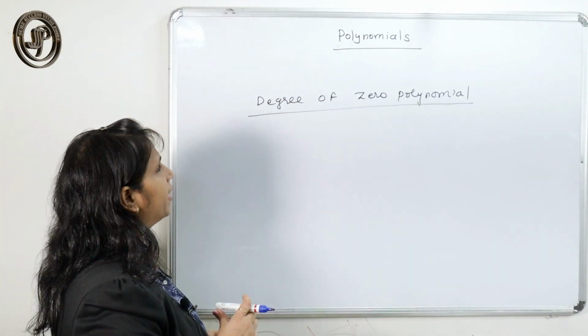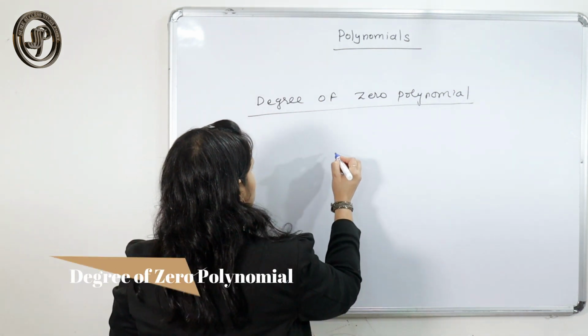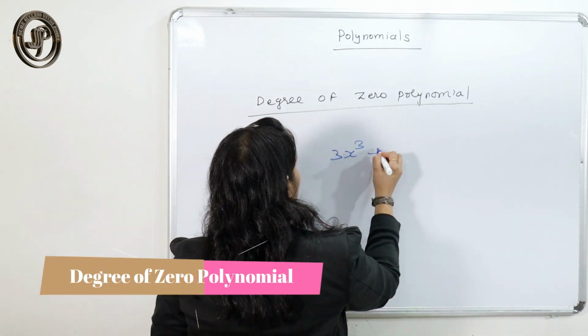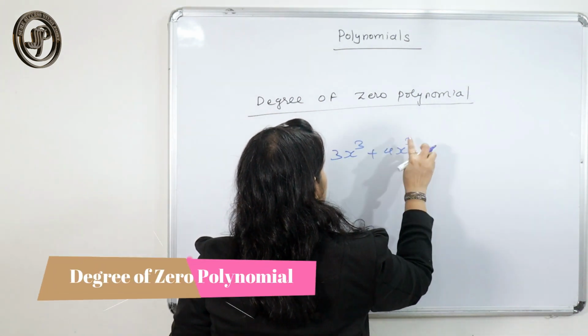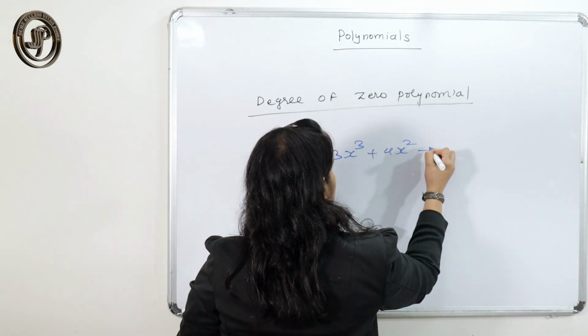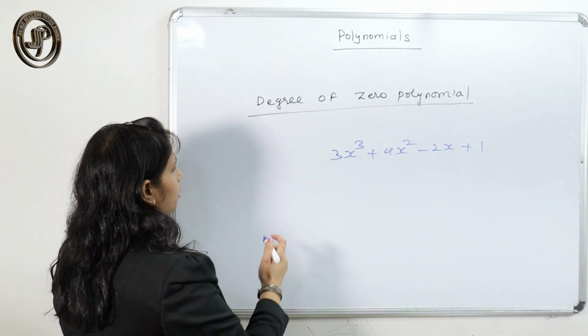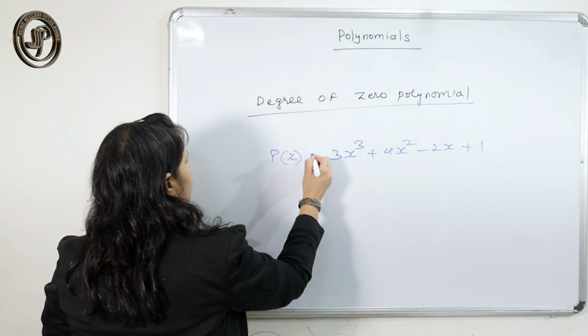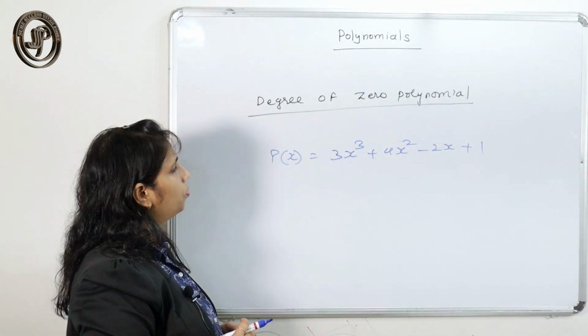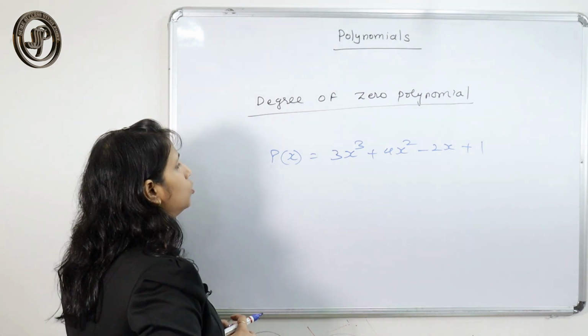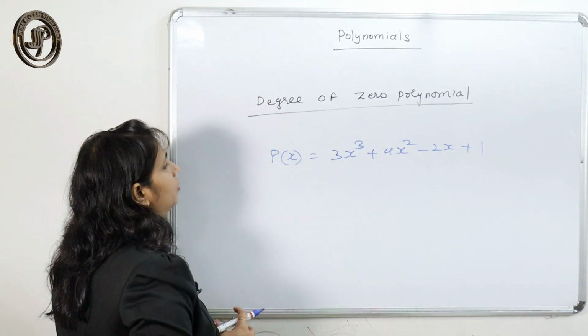See, how do we get a zero polynomial? Suppose we have this polynomial. This is a polynomial of variable x, so this way we can write this polynomial.